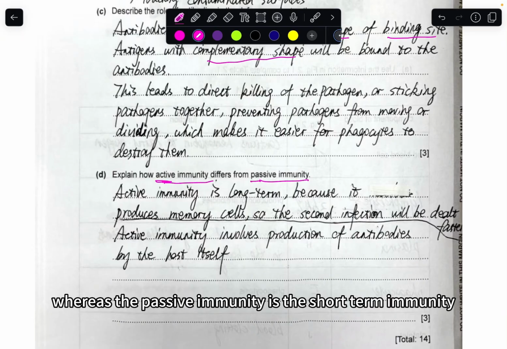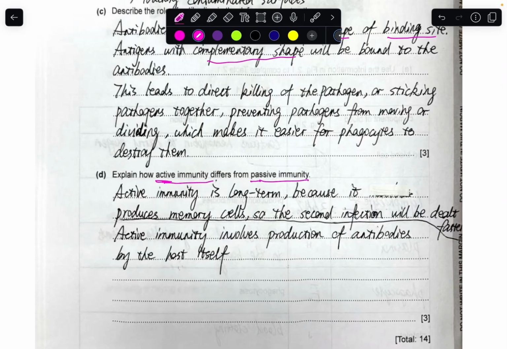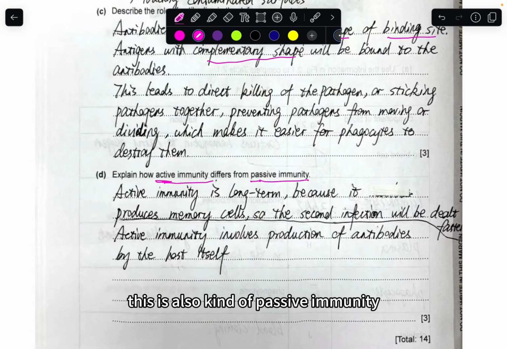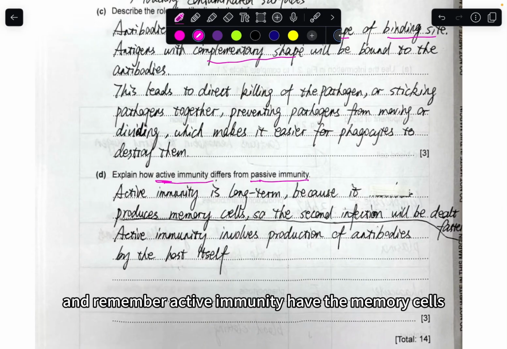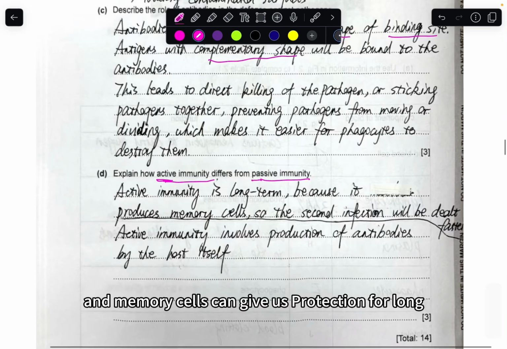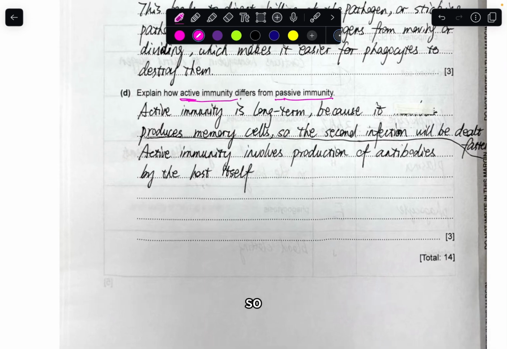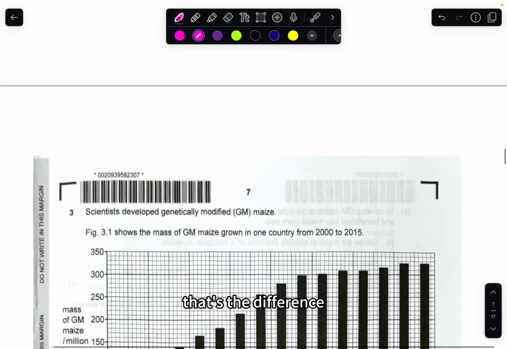Whereas passive immunity is short-term immunity, like getting an injection of antibodies, or breastfeeding. This is also a kind of passive immunity. And remember, active immunity has the memory cells, and memory cells can give us protection the second time pathogens enter the body. So that's the difference.